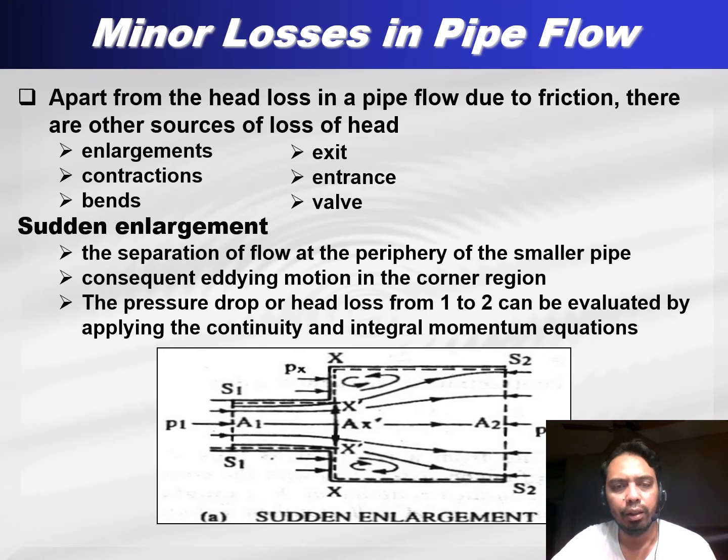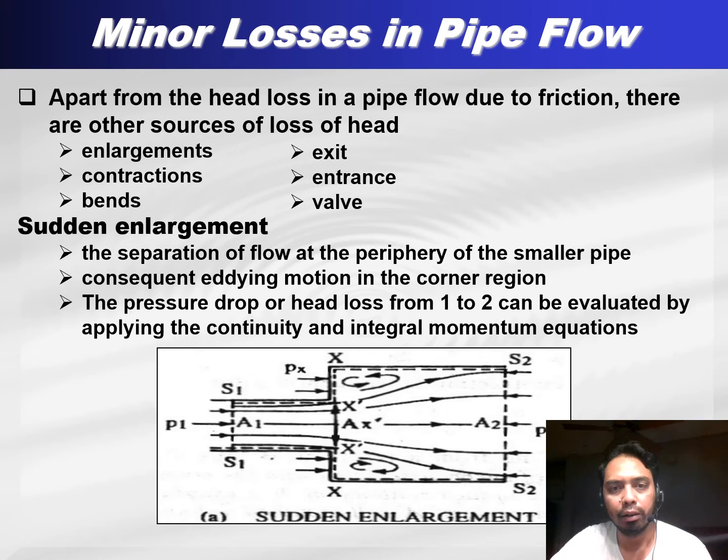On the previous slide, we discussed the head loss, or the major head loss, which is due to the viscous friction between the fluid layers and between the fluid and the pipe wall. On top of that there are also minor losses in the pipe flow due to several characteristics.